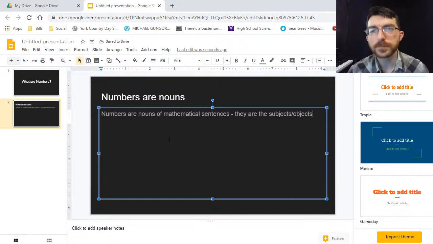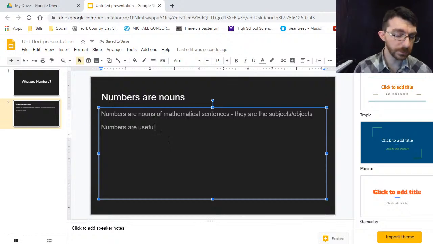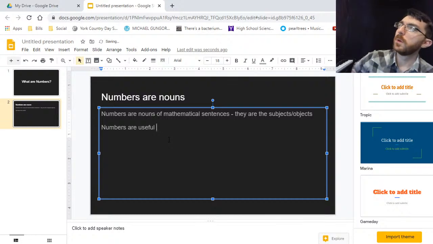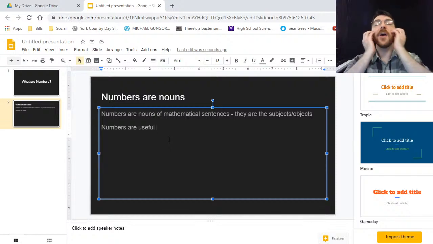Okay. We use numbers, or maybe I should say numbers are useful to model, to represent. Numbers are useful.